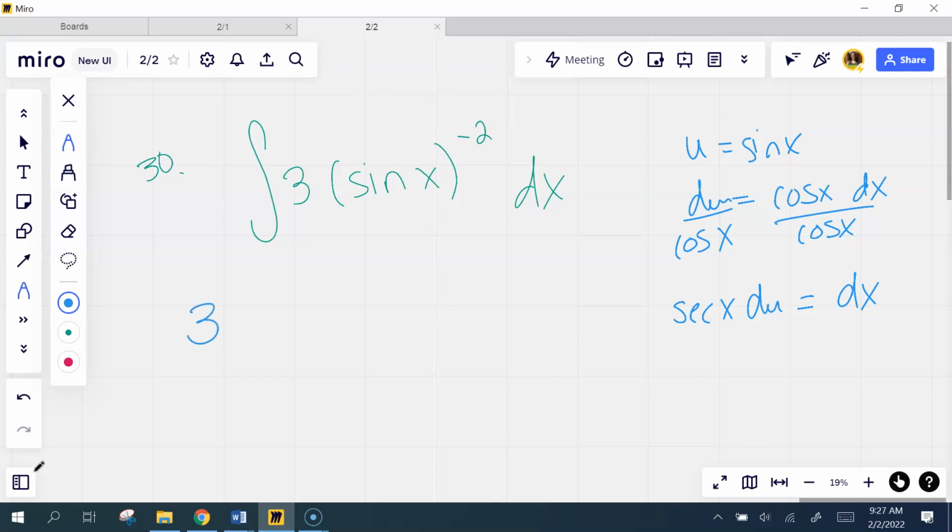All right, I've got 3, and I pulled that out, okay? They said, what if we let u be sine x? So let's see what happens with it. I have u to the negative 2 dx. Secant is 1 over cosine.